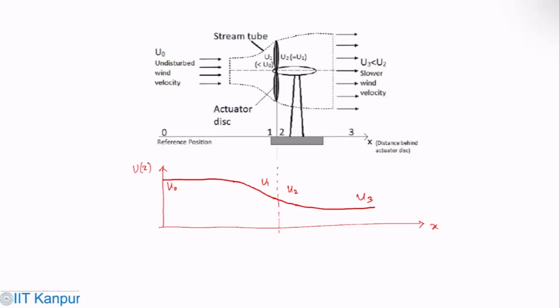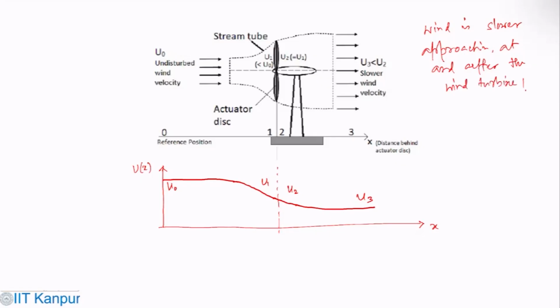Obviously, this turbine is modeled as an actuator disk. What you can see is that the wind is slower approaching and after the wind turbine.